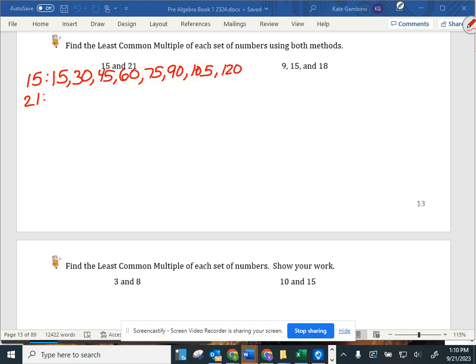Let's do 21. What are multiples of 21? 21, 42, 63, 84. What's after 84? 105. Oh, what did we just notice? 105. Okay.